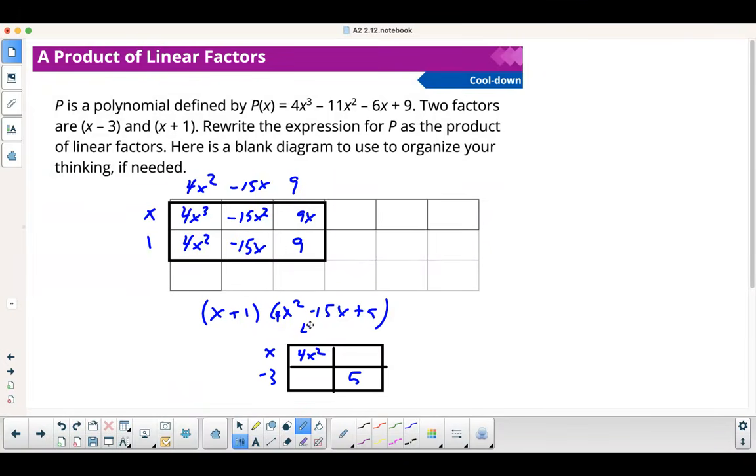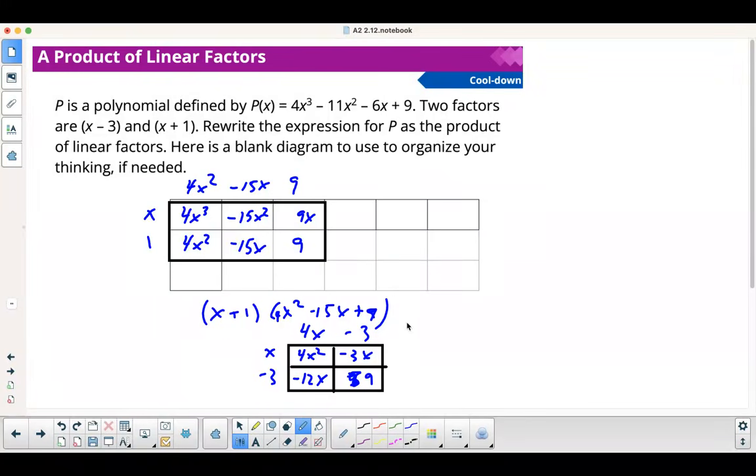So x times 4x would give me the 4x squared. And then I can multiply that. And let's see here, 12x. I need to get negative 15x, so that's going to be negative 3x. So x times, my 9 looks like a 5. Whoops. I knew it didn't make sense because the numbers weren't matching. So x times negative 3, and then negative 3 times negative 3 gives me 9.